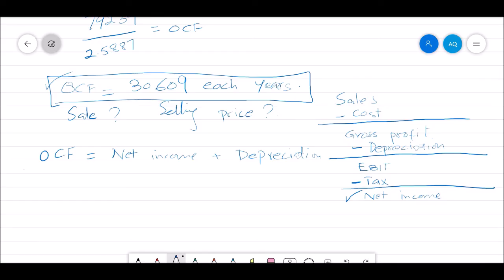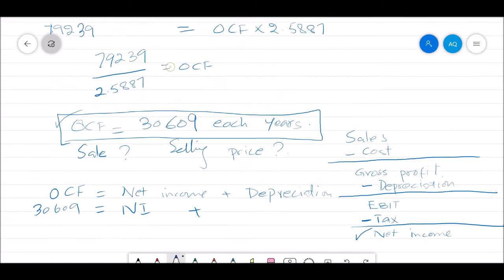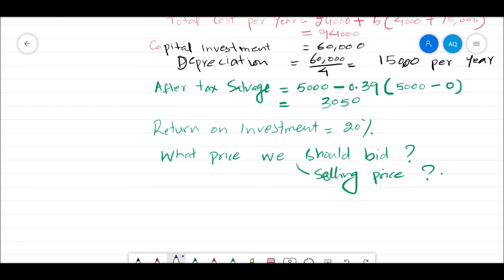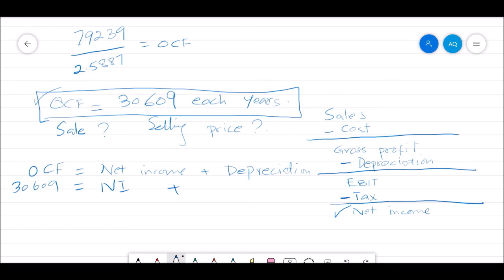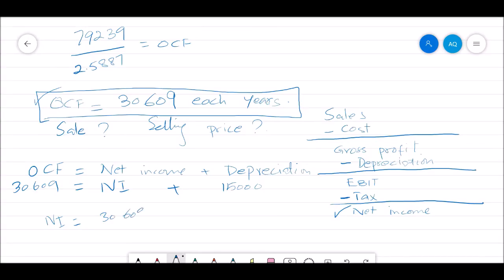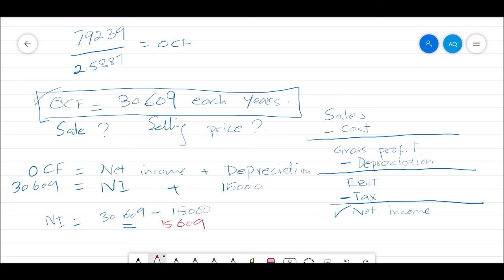So 30,609 is equal to net income plus depreciation, which we calculated before as 15,000 per year. Take it to the other side: net income is 30,609 minus 15,000, which gives us a net income of 15,609.